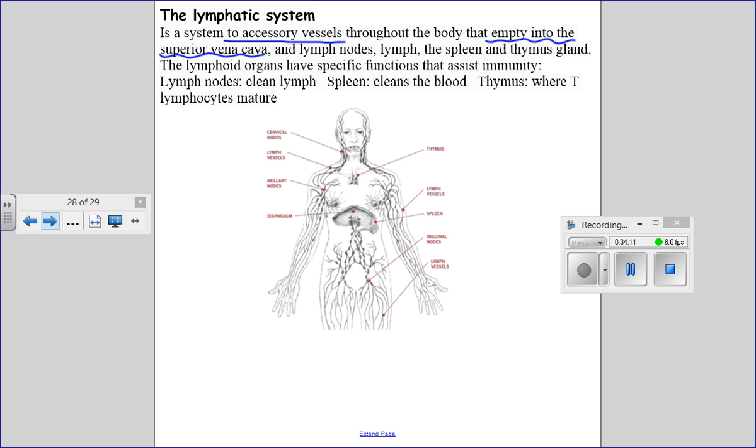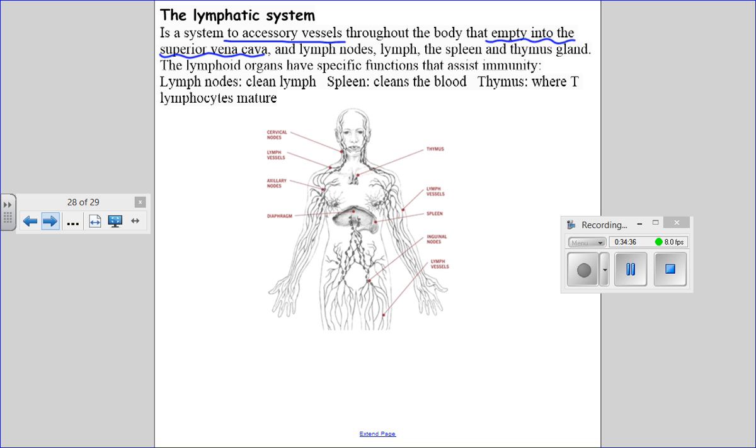Oh, if you had printed out the notes, this was at the beginning, and I moved it to the end of the slideshow. So if you flip back towards the beginning, you'll probably notice a page that we skipped over. So this is accessory vessels. They empty into your superior vena cava, which means the fluid that's in these vessels mixes with your blood.